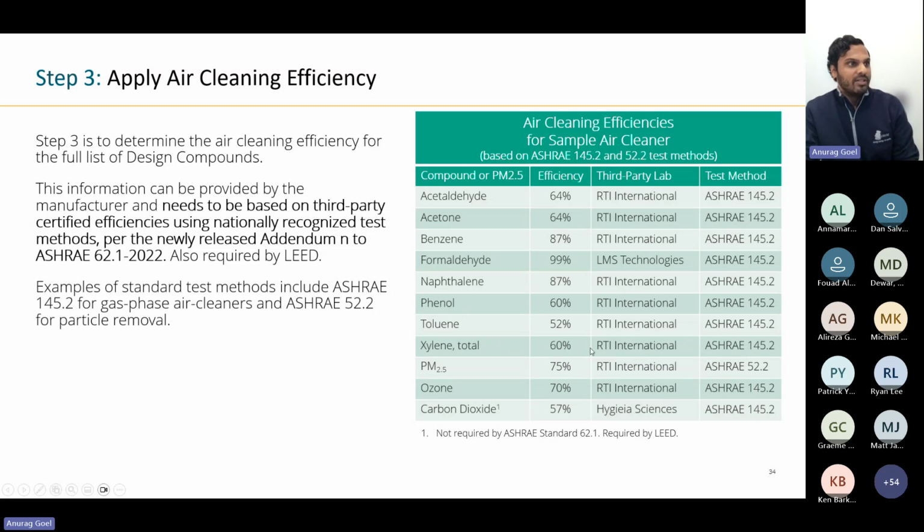I encourage you, as you explore different types of commercially available air cleaning technologies, to ask the manufacturer for their ASHRAE 145.2 air cleaning efficiency reports so that we're using the right inputs in the IAQP calculator.